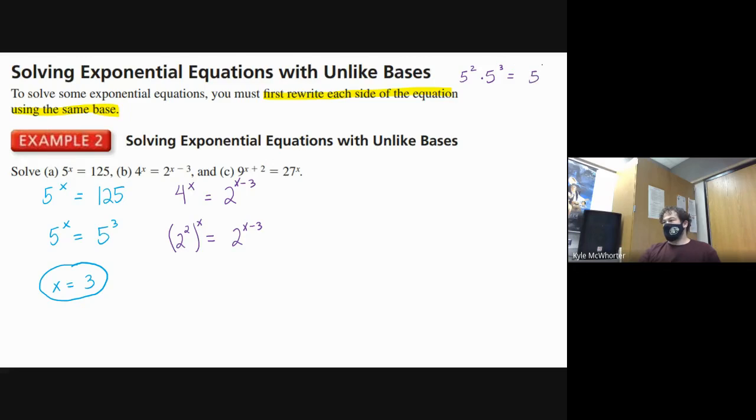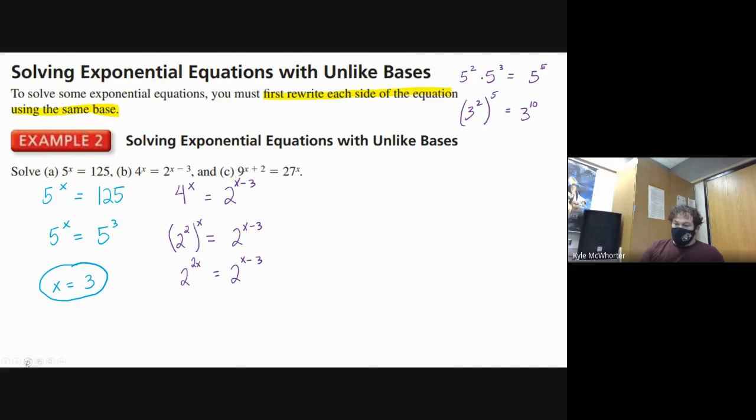That would be 5 to the fifth. But if it's like 3 squared to the fifth power, you would multiply the 2 times 5. That would be 3 to the 10th. So right here, we're going to multiply the 2 and the x. So this is 2 to the 2x power equals 2 to the x minus 3.